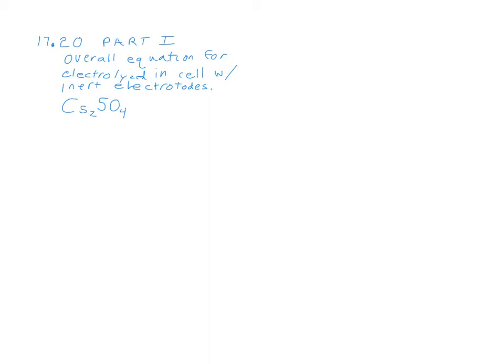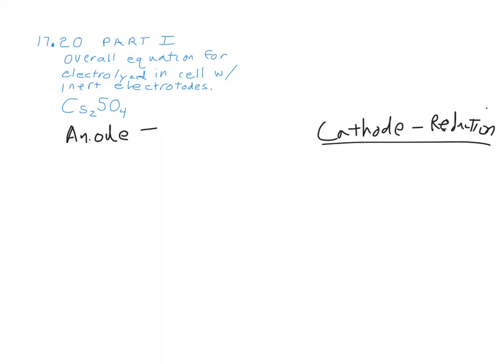So that means we need to figure out our half reactions for our anode and our cathode. I hope you know CPR, because you got reduction occurring here, and you got oxidation occurring over here.